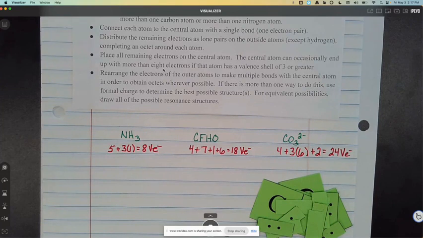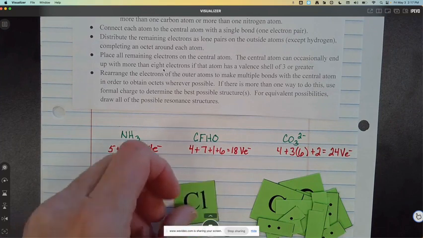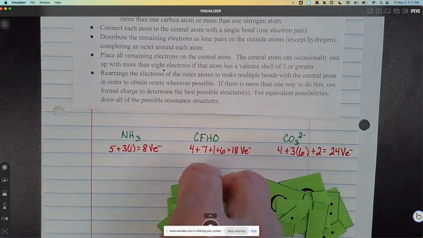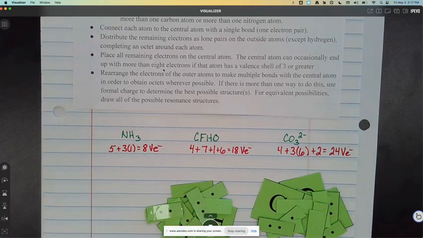For each one of your molecules, we're just going to make a pile of the pieces it's going to take to get it done. So here's carbon, an oxygen, and a hydrogen, and a fluorine, and 18 electrons, 6, 8, 10, 12, 14, 16, 18. Okay, there's that set.